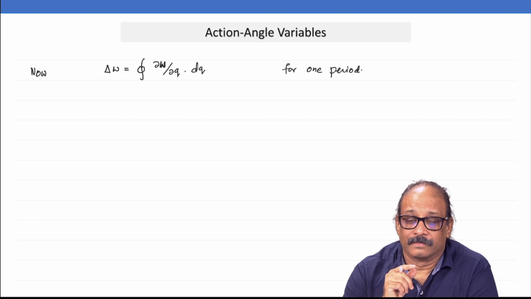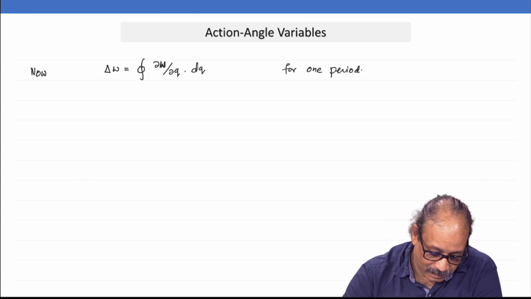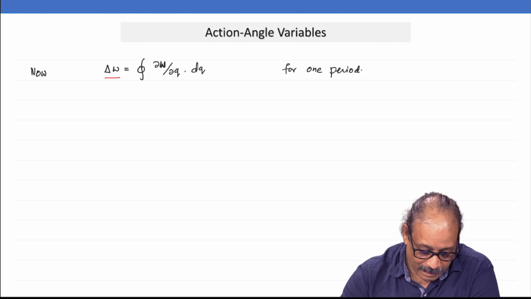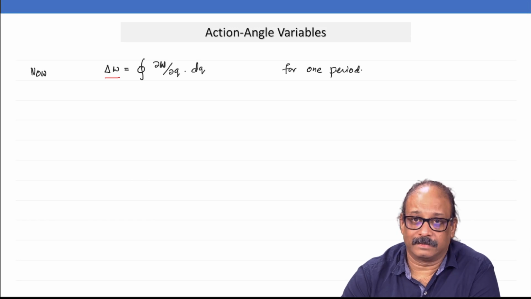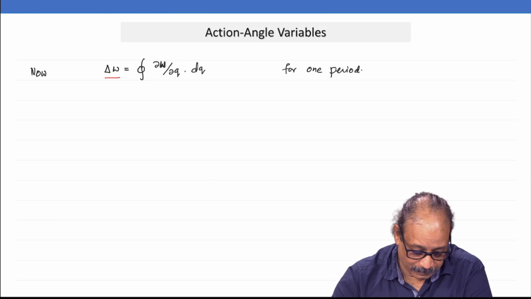Now, what I will do is look at what happens to the W variable over one full cycle. Over one full cycle, I can calculate the change in W as del W by del q into dq and integrate this over one period, or one cycle.